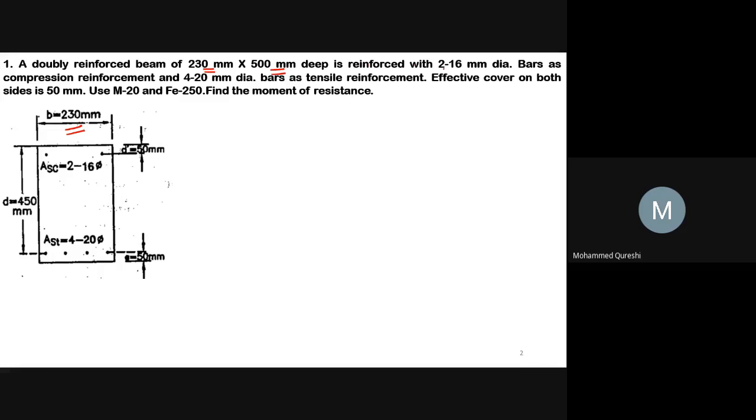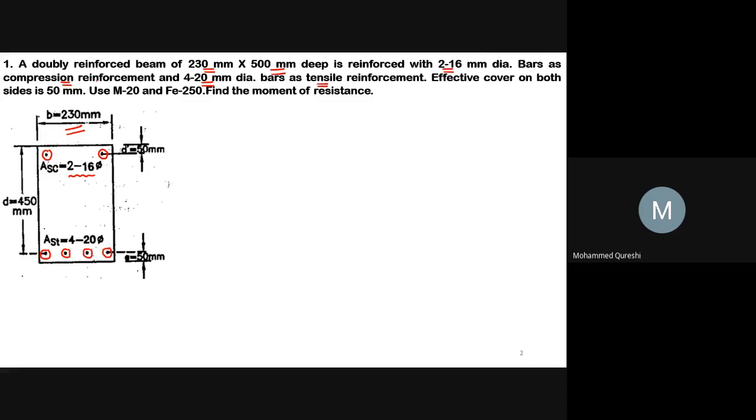It is reinforced with two numbers of 16 mm dia bars as compression reinforcement, and four numbers of 20 mm dia bars as tensile reinforcement, AST.